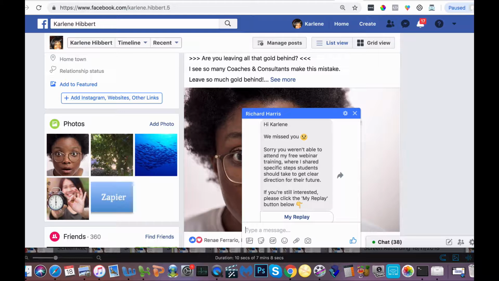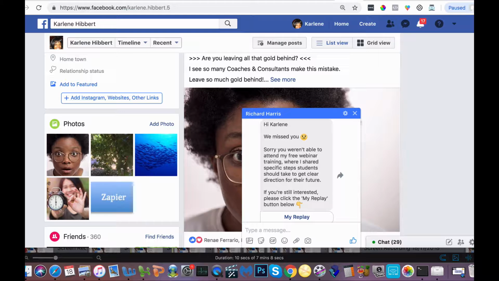And as we all know, the larger mass of the iceberg is below the horizon. Think of the no-shows, the people who left early, or the people who watched your webinar and didn't buy or book a strategy session as the larger mass of this iceberg that you want to reach out to.